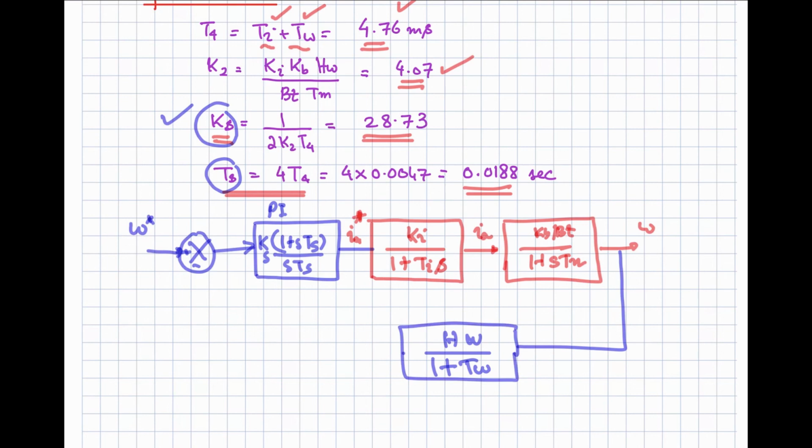This information is already given to us, so that will be providing that speed signal in terms of voltage over here. This speed command will be in terms of voltage.